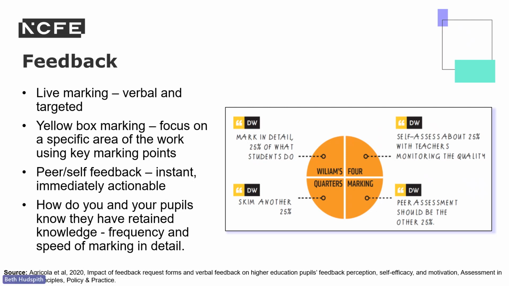So moving now on to feedback, a powerful method that can address the majority of the AFL 5 key strategies mentioned earlier is live marking. Live marking puts a greater emphasis on verbal dialogue that is scripted and targeted to help your learners improve their work.